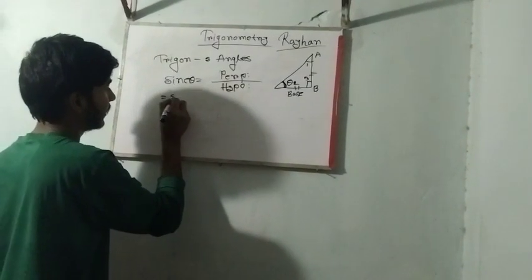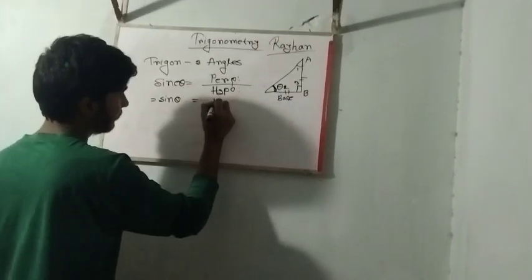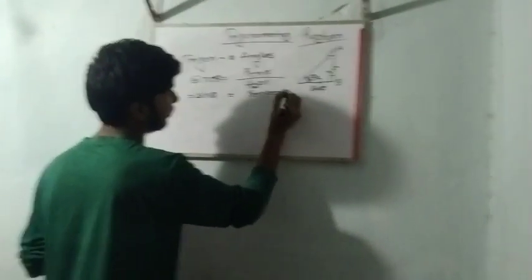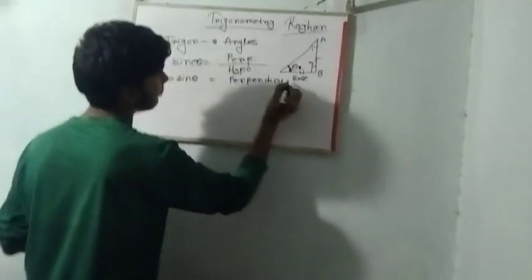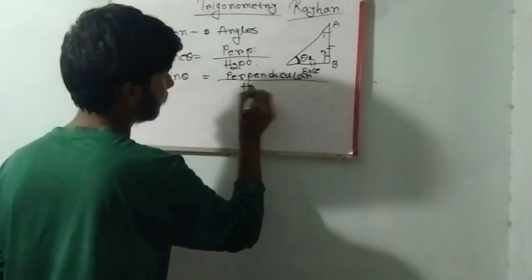So sine, short form sin theta, is equal to perpendicular divided by hypotenuse.